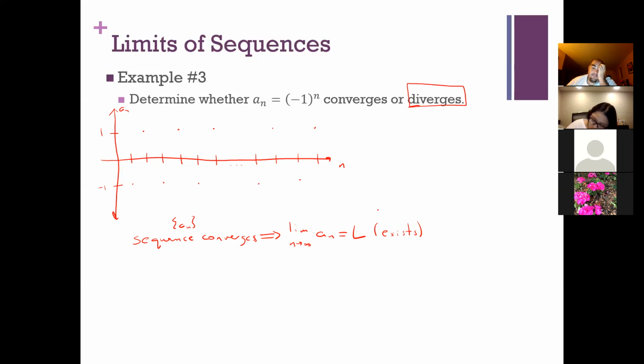So as n gets really, really big for this guy, a sub n does not tend to one number. It oscillates indefinitely between 1 and -1. So there is no limit.